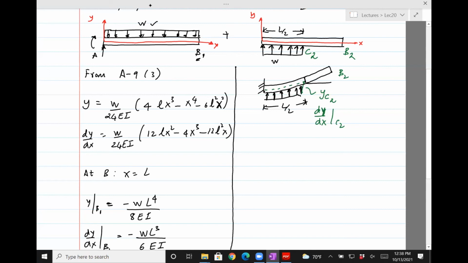So the slope here is going to be the same as the slope at C2. And that's because from C2 to B2, there's no load, so it's going to have the same slope. The deflection won't be anything new because there's no load acting between C2 and B2. However, if you want to find deflection at B2, it will not be the same as C2. You can see that clearly.